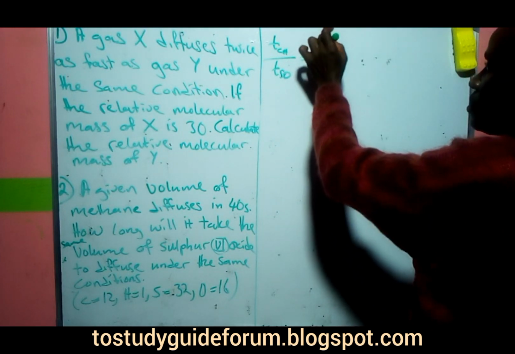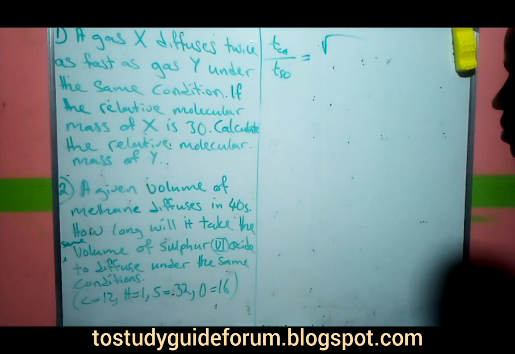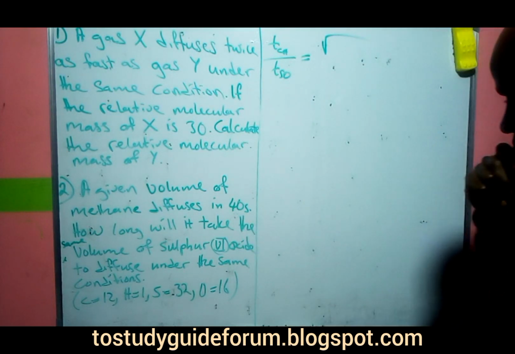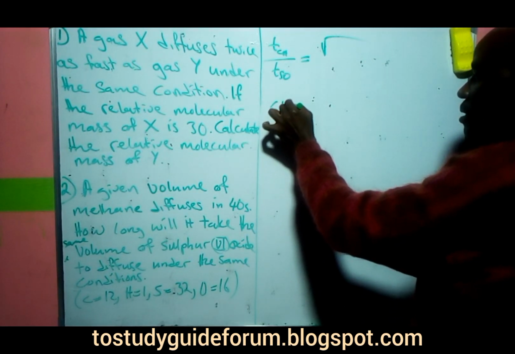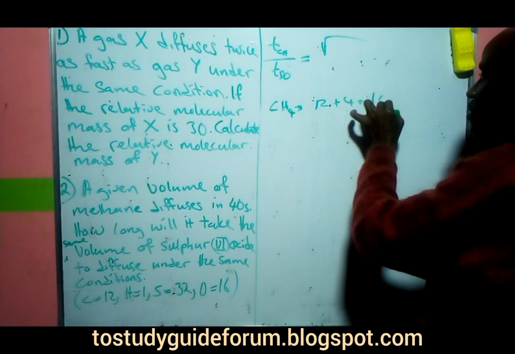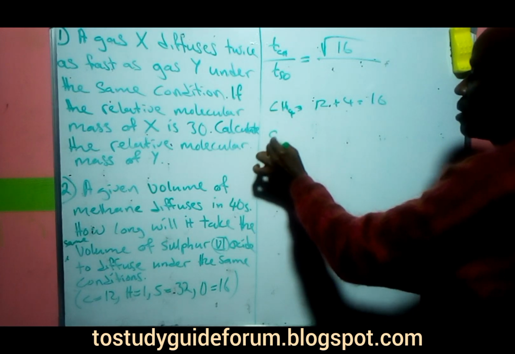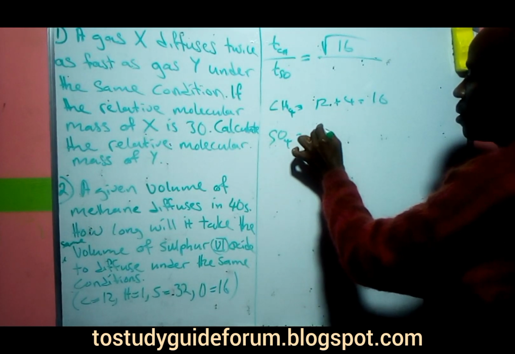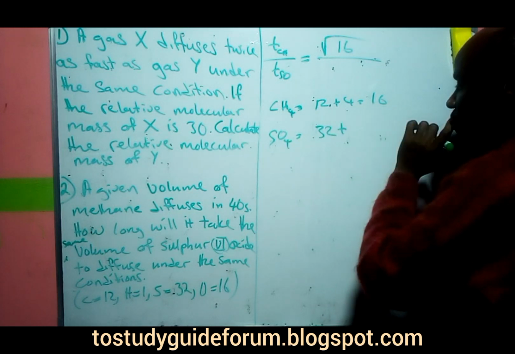For the methane, the relative molecular mass of methane should be 16 because we have carbon, which is 12, plus 4, we have 16. So we'll put 16 here. And then the other one, sulphur IV oxide, is 32 plus 2 times 16.